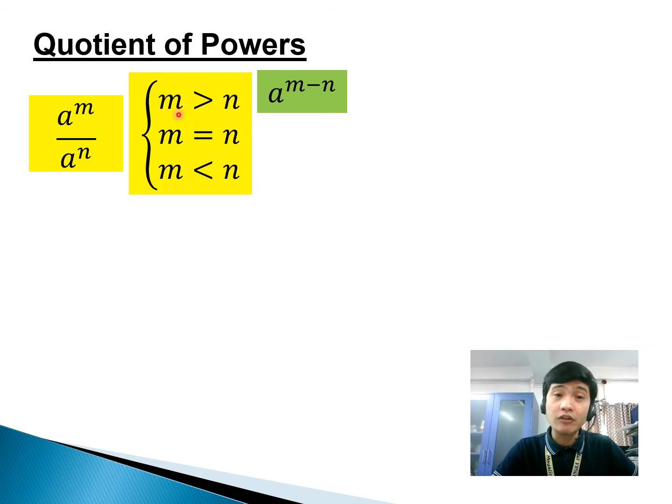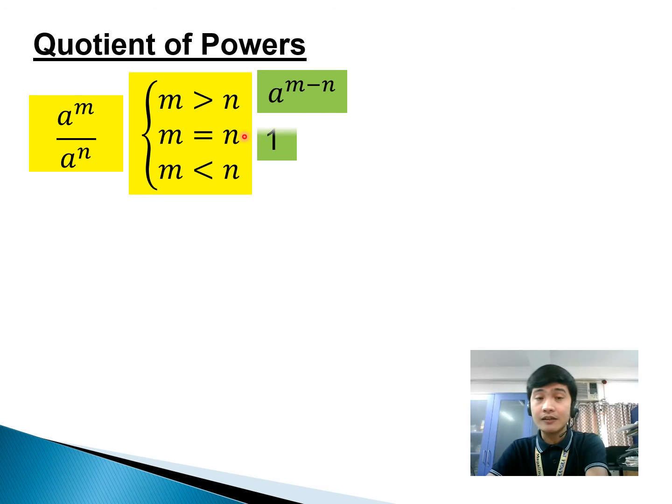If the exponent of the expression in the numerator is greater than the exponent of the expression in the denominator. Now, if your m is equal to n, ibig sabihin, same yung value ng exponents ng numerator tsaka denominator. Okay? Kasi take note, kailangan same base sila. If that is the case, ang sagot natin ay laging 1.